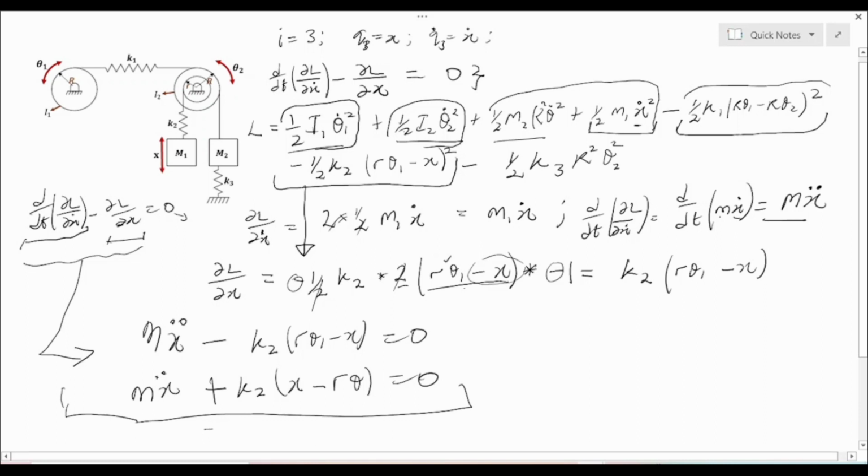So we're quickly going to write out the three equations of motion of the system.